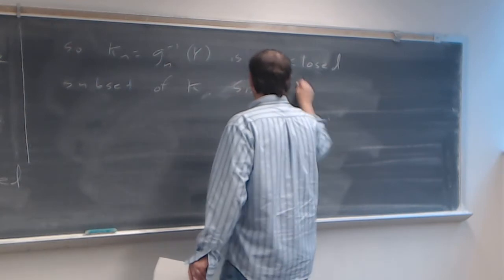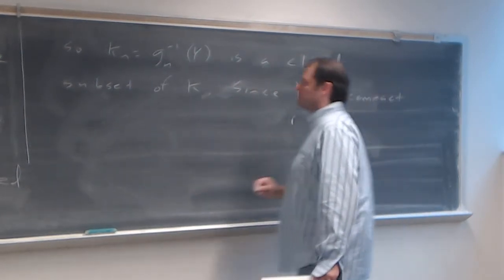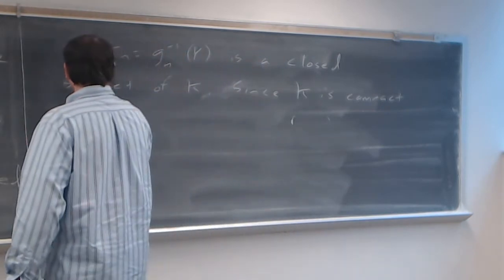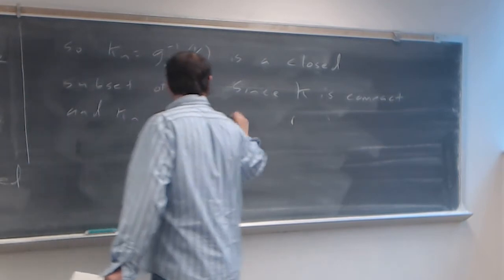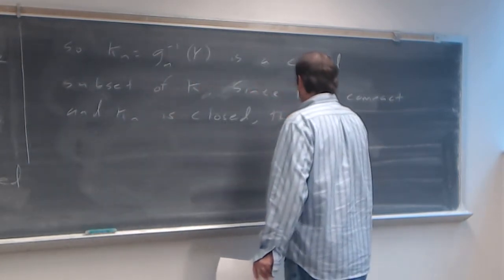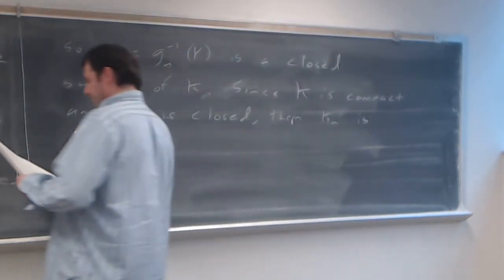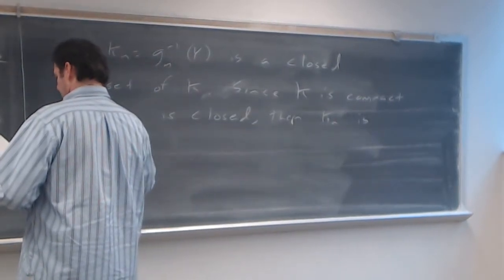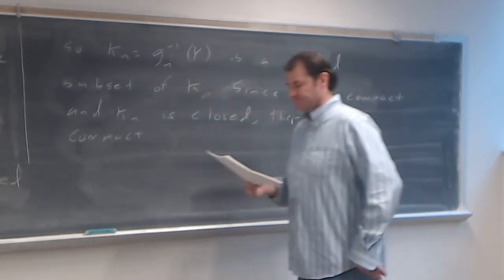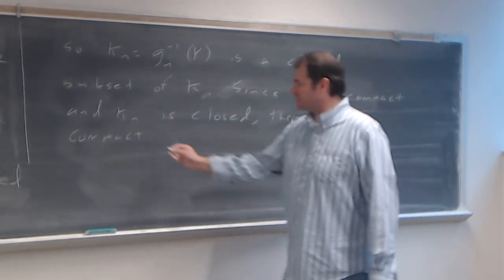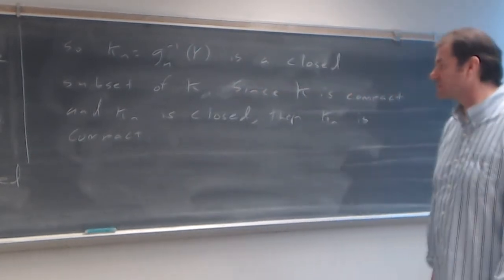Since K is compact and K sub n is closed, that gives us that K sub n is compact. Well, that just stems from facts that we've had about compact spaces.